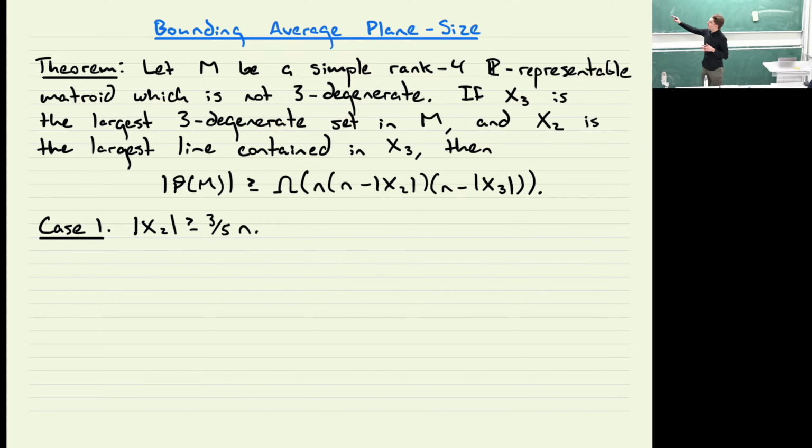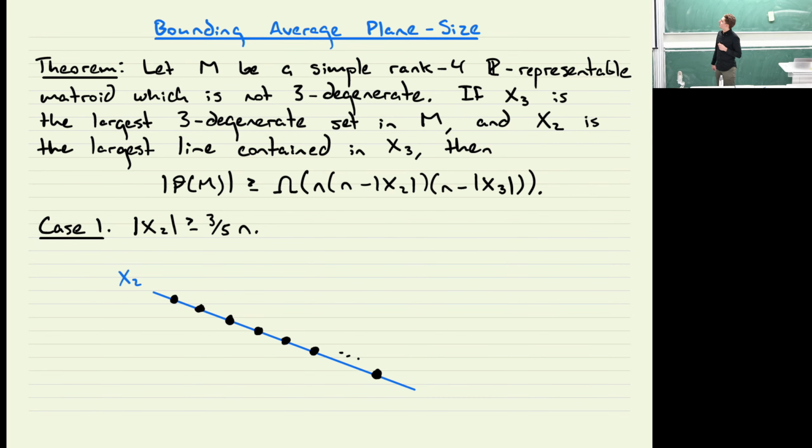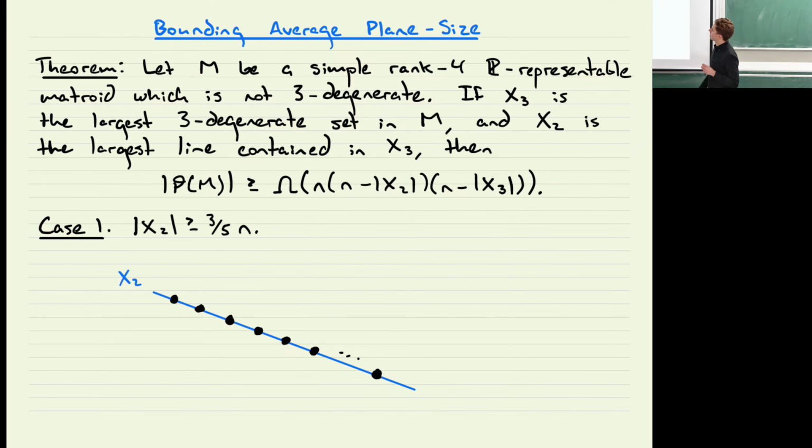But actually, the first case we'll be considering is when this line x2 is huge. And by huge, I mean 3/5 the size of the matroid here. It's pretty huge in my books, but really any coefficient that's greater than 1/2 will work here. So we have this massive line, and the way we're going to count planes in this case is by counting up lines which are skew to x2.